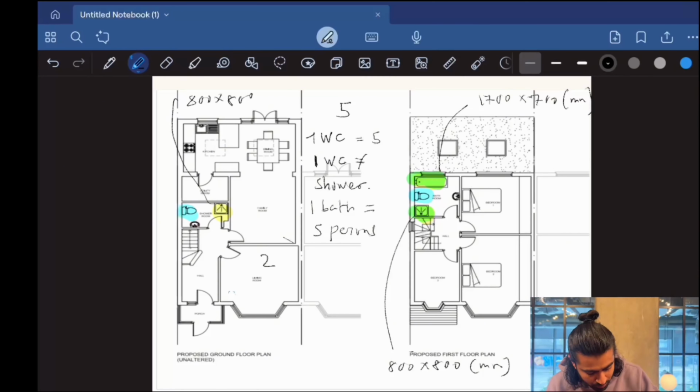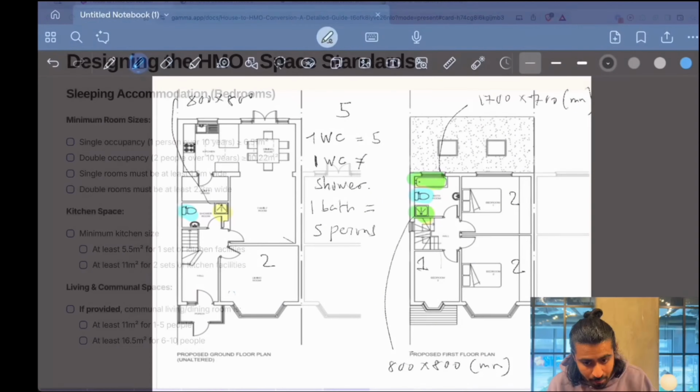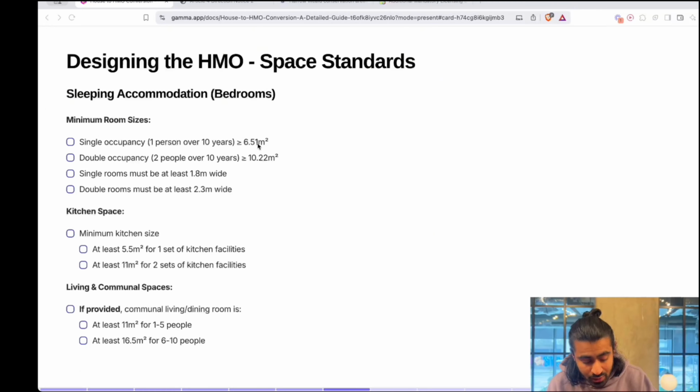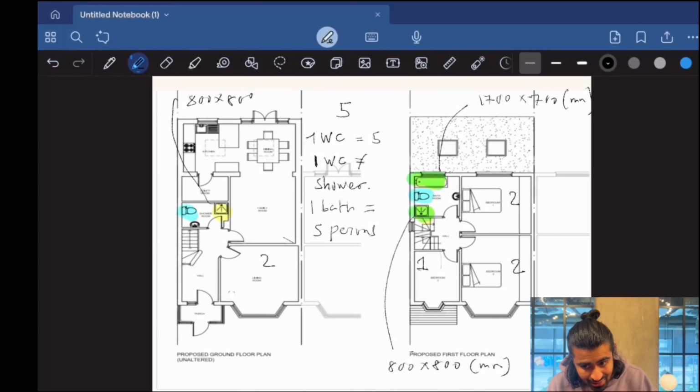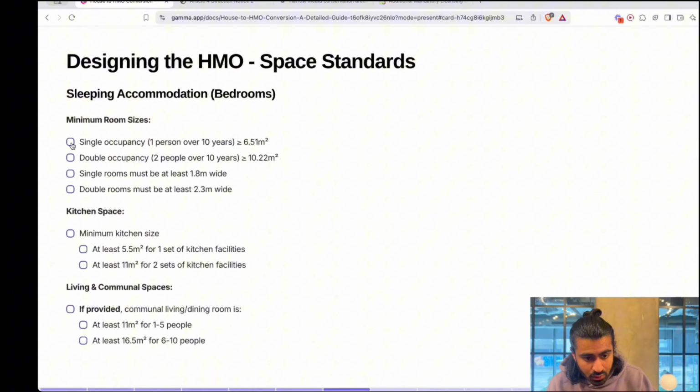Bedroom 1 can house 2 people. Bedroom 3 can house 2 people. And then bedroom 4 can only house 1 person, because it's less than 10.2, but it's more than 6.5. If bedroom 3 was less than 6.5, then it could house 0 people. So we meet those. And then single rooms need to be at least 1.8, and then double rooms need to be at least 2.3.